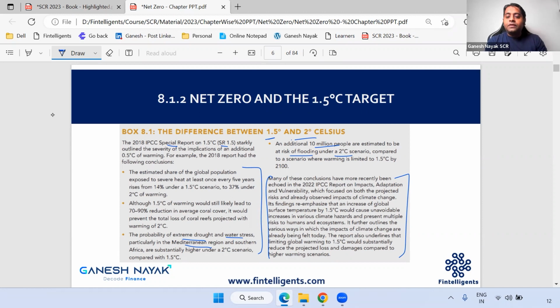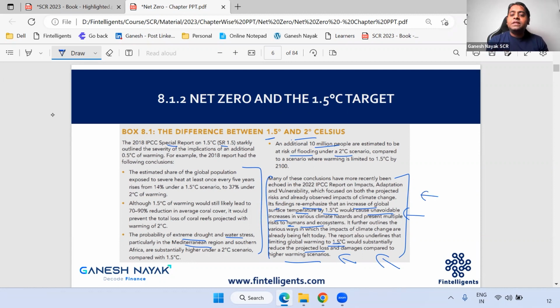If you look at this section, this finding re-emphasized that an increase in global temperature of 1.5 degrees could cause an unavoidable increase in damage to ecosystems and human beings. Hence, everybody focused on 1.5 degrees. They didn't want to increase it more, and everybody's focus was to reduce the projected loss in higher warming scenarios in such a way that we should be able to reach that 1.5 degrees target.